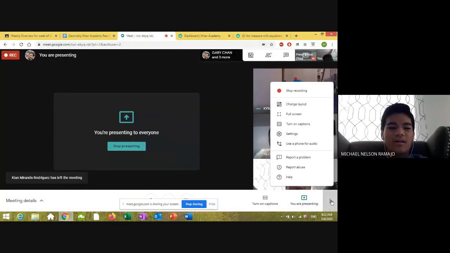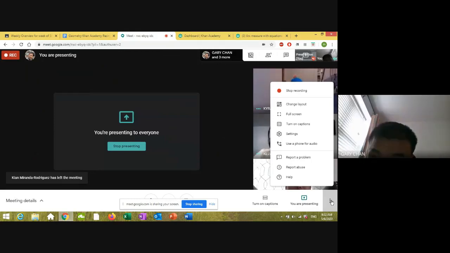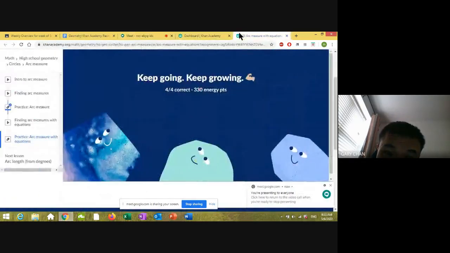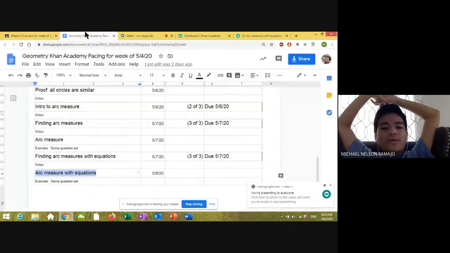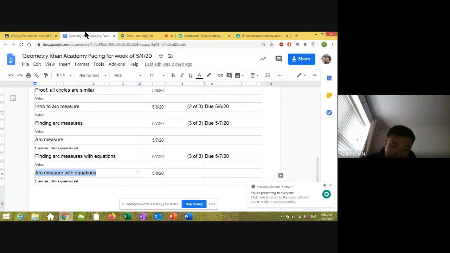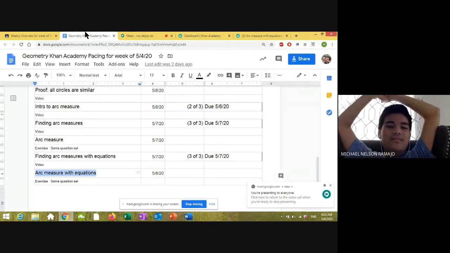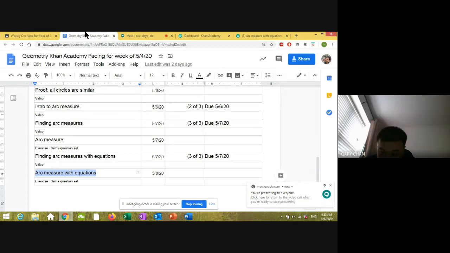What is a chord again? Sure. Let me see if I have a diagram here. What's the difference between a chord and a line? That's the part that confuses me. A chord actually is a line. Does anyone know how to answer that question, guys?